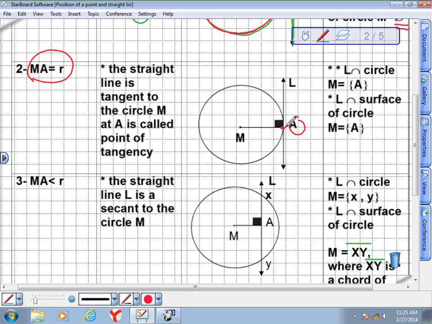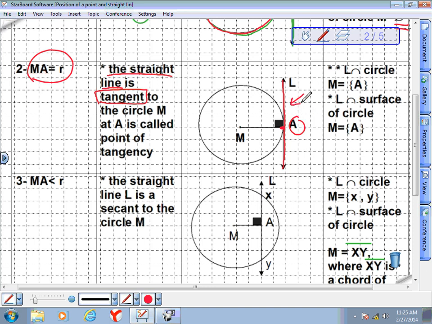It lies on the circle, and the straight line is called a tangent. This word is very important, and it will face us in following lessons. The straight line, if touched the circle at a point which is here, the point A, so the straight line here is called a tangent.